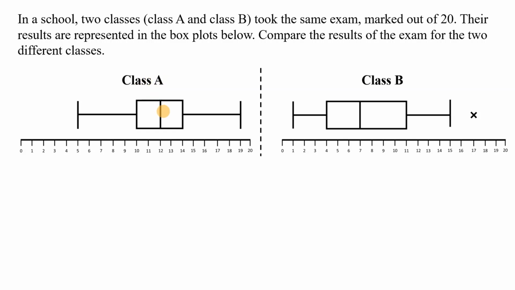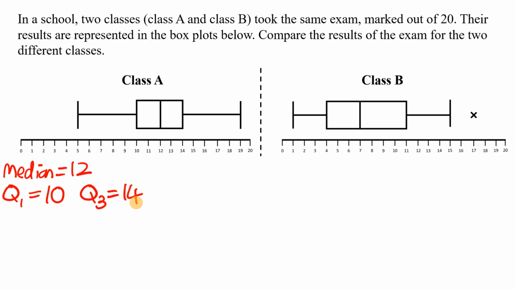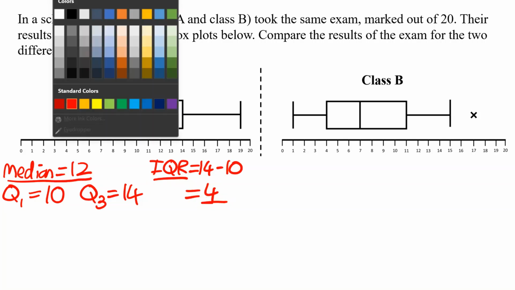So if we look at Class A, the median is equal to 12, and then the lower quartile, which we call Q1, is equal to 10, and the upper quartile, which we call Q3, is equal to 14. So therefore the interquartile range is equal to 14 minus 10, which is equal to 4. So the interquartile range is 4 and the median is 12.